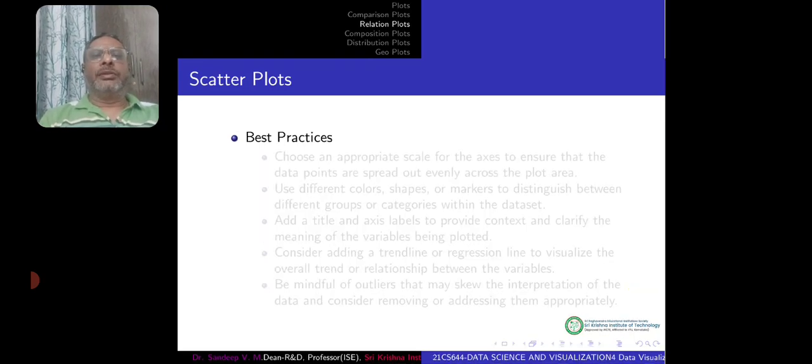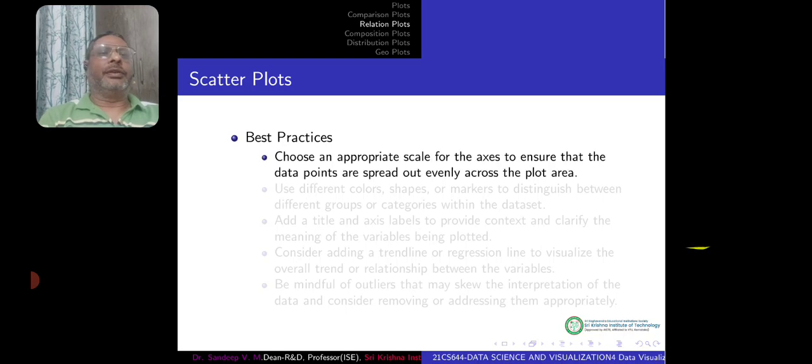In case we are using scatter plots, we need to follow some best practices so that we can achieve the maximum benefit out of them. The first thing is to choose an appropriate scale for the axes to ensure that the data points are spread out evenly across the plot area. So before beginning, just look at the minimum and maximum values of each axis we want to plot, and make sure that they are spread out evenly.